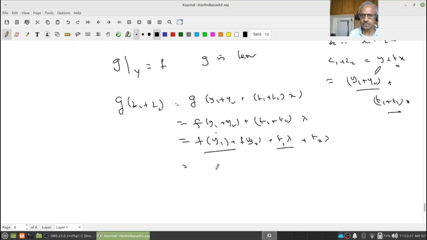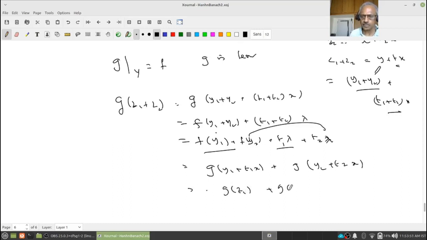Combine these two, that says g of y1 plus t1x, and combine these two, g of y2 plus t2x. But this is g of z1 plus g of z2. And similarly for scalar multiples.